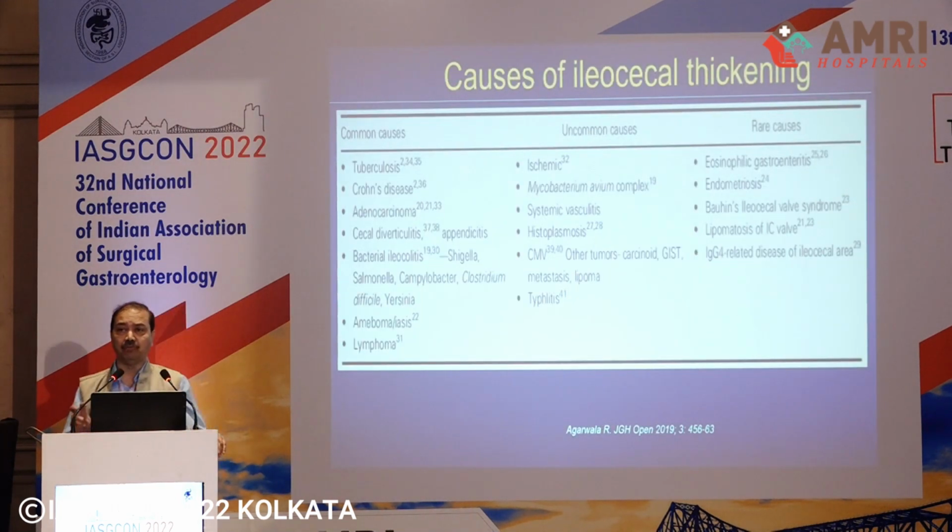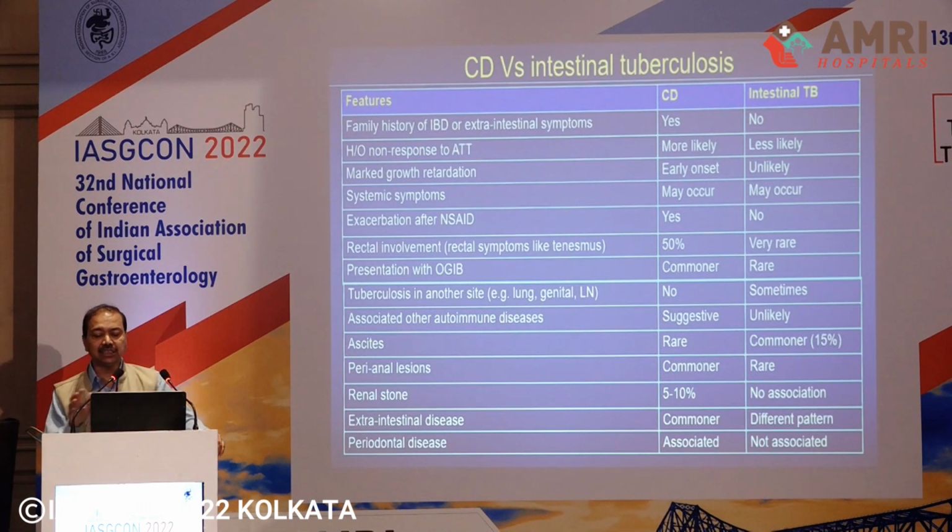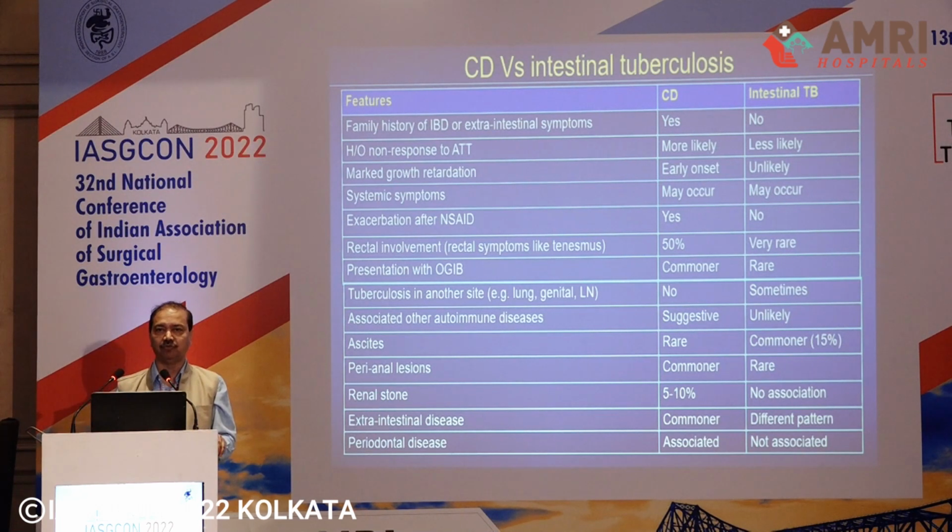Almost 70% of patients, both of Crohn's and tuberculosis, will have ileocecal involvement. And remember one thing, ileocecal involvement occurs in many other diseases. I will not read the whole list, but the major ones, as you can see on the left side, are tuberculosis and Crohn's disease. Now, this is how we differentiate CD from TB, and it is an exhaustive table.